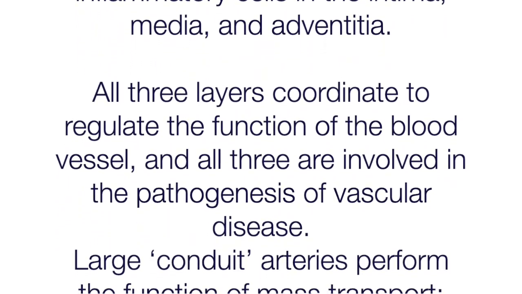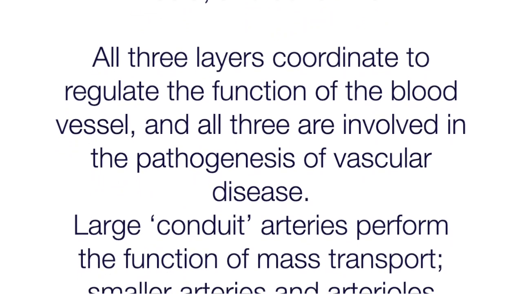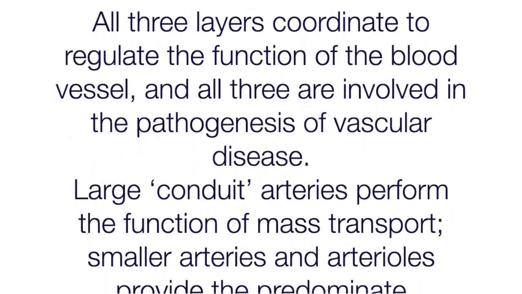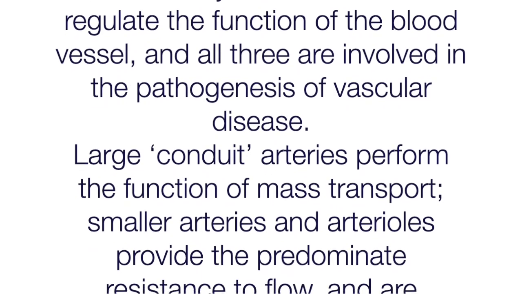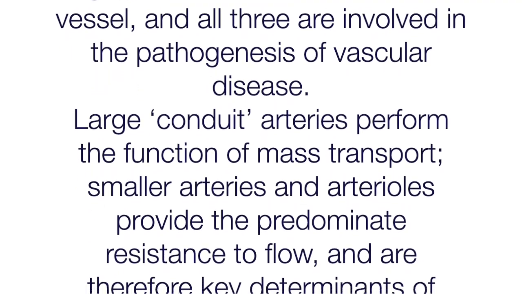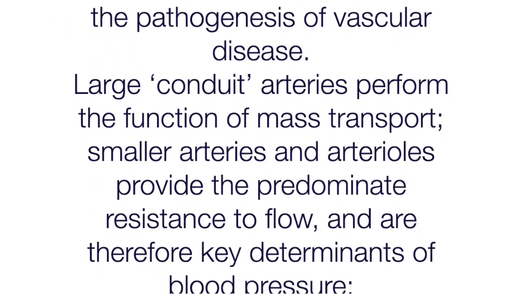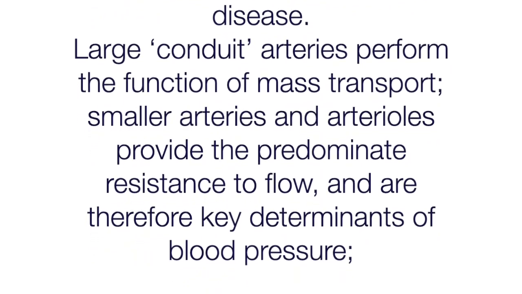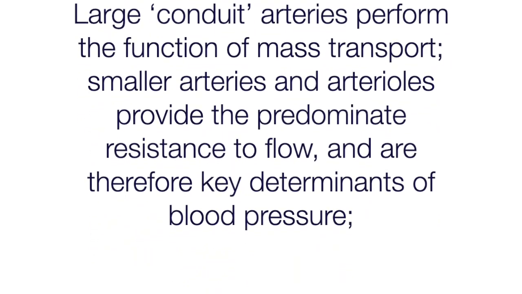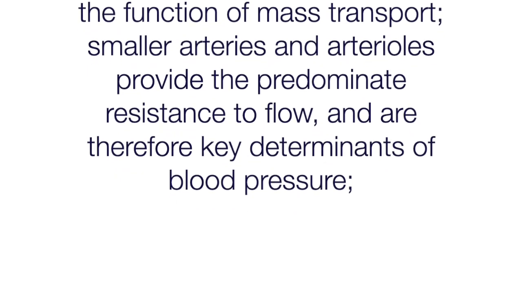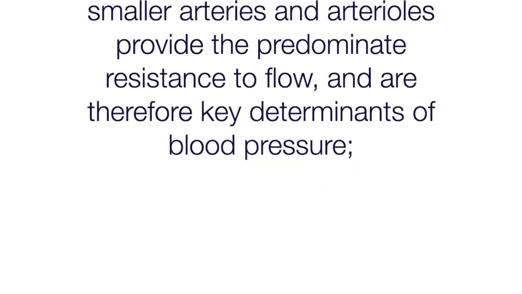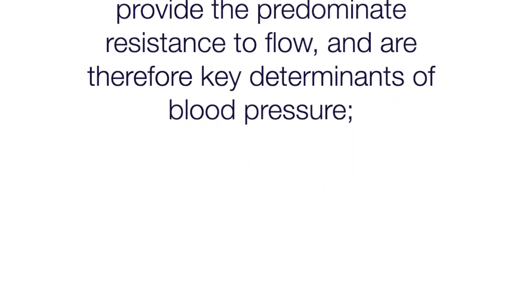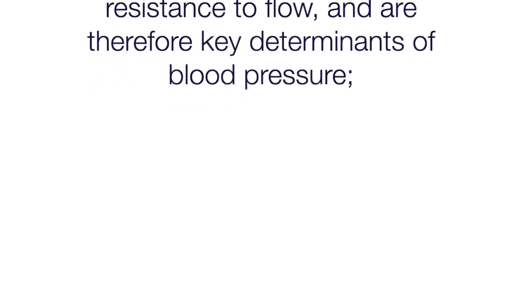All three layers coordinate to regulate the function of the blood vessel, and all three are involved in the pathogenesis of vascular disease. Large conduit arteries perform the function of mass transport. Smaller arteries and arterioles provide the predominant resistance to flow and are therefore key determinants of blood pressure.